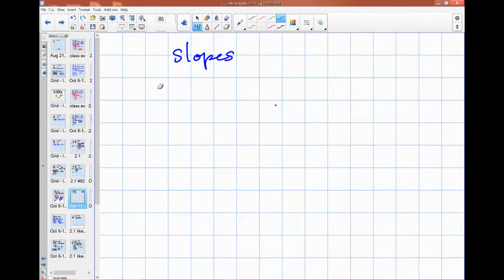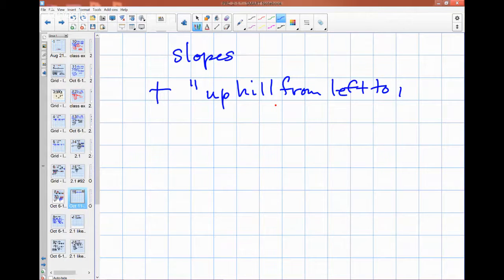I always think of it this way. Positive slopes are what? Uphill from left to right. That's how we read from left to right, correct? So if you're going uphill as you move from left to right, that's a positive slope.